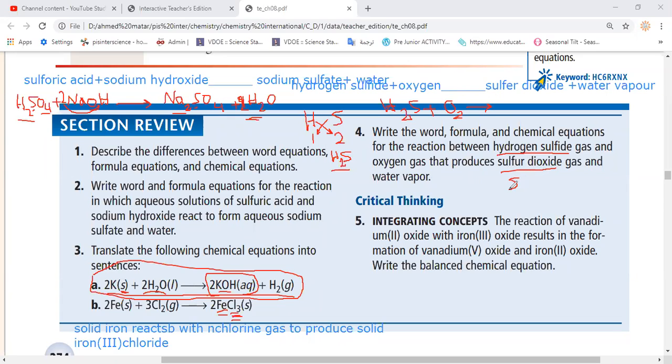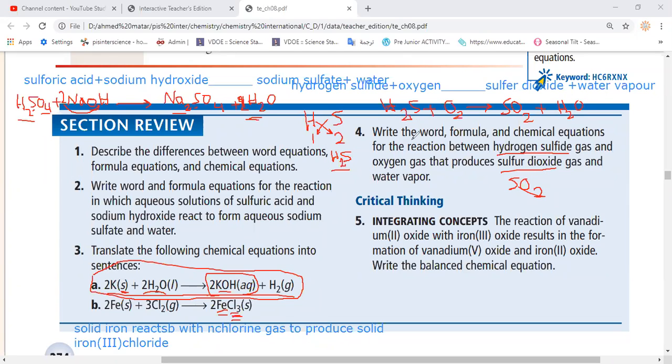SO2, good, because it's covalent. Sulfur means S, dioxide means 2 oxygen, so SO2. So it will produce SO2 plus water vapor. What is the symbol of water vapor, guys? H2O.